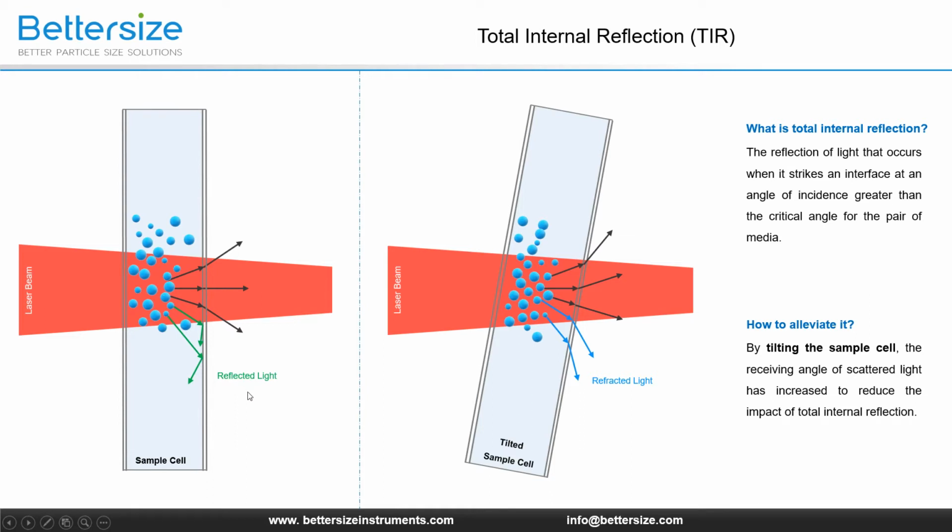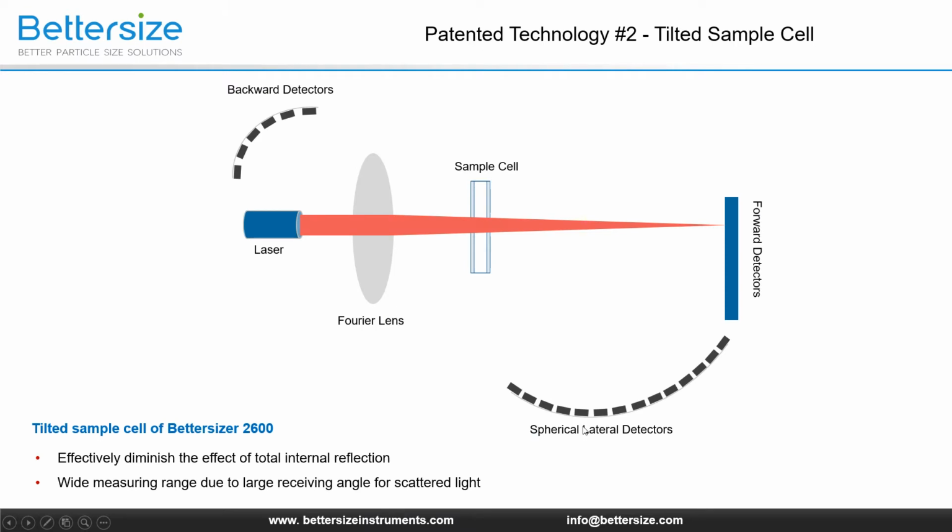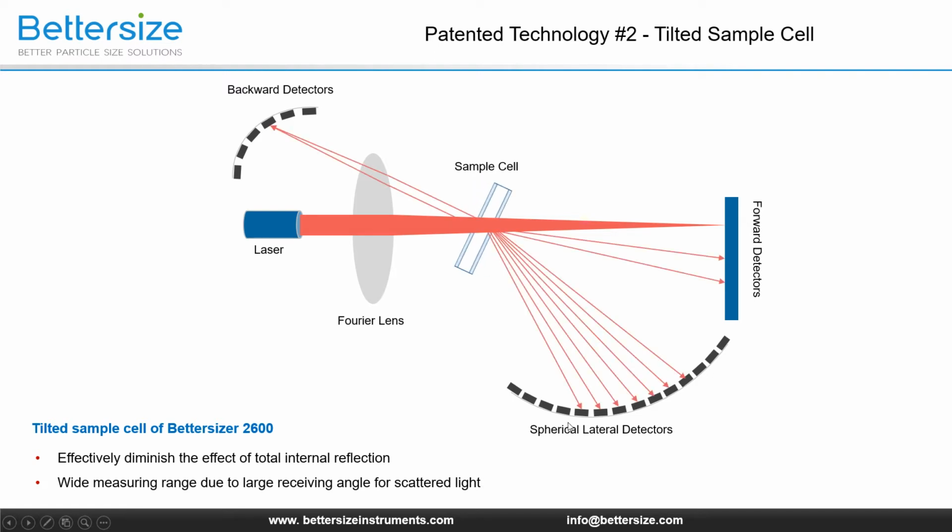Is there any approach to alleviate TIR? Yes, tilt the sample cell. By tilting the sample cell, there is less reflection and more refraction, as shown in the left figure. So, the Betasizer 2600 puts the sample cell at a specific tilted angle to reduce the impact of TIR and increase the receiving angle of scatter light.